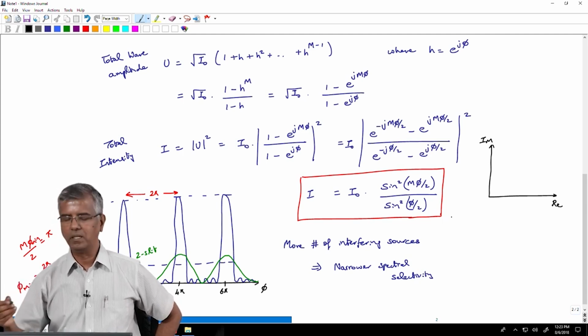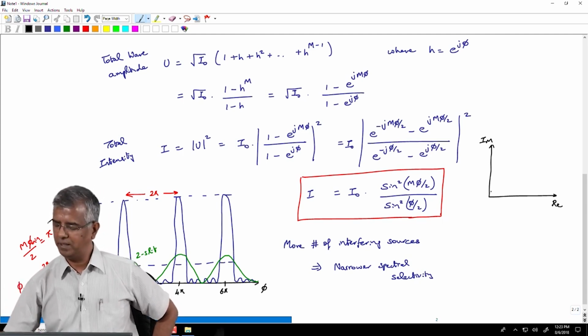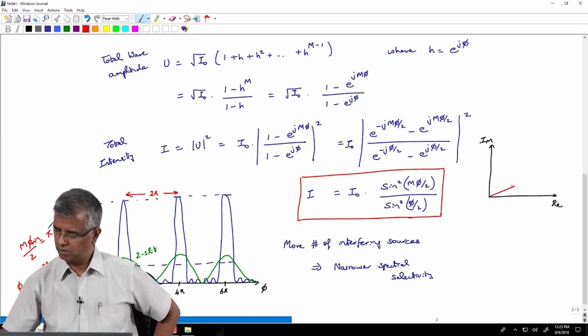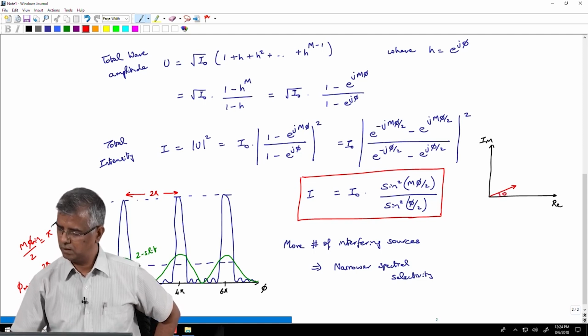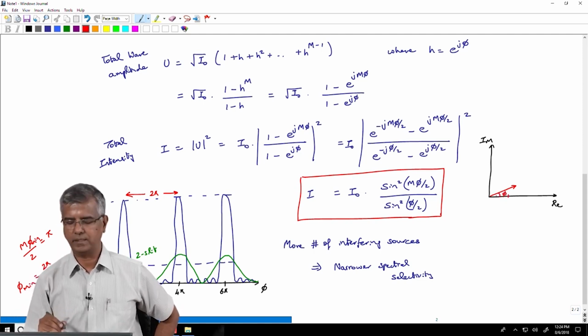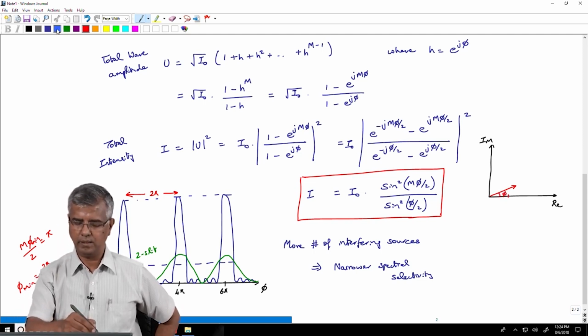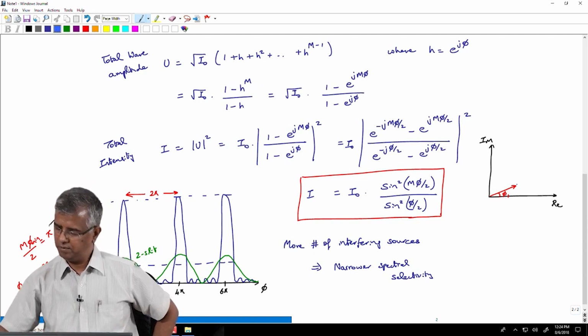When you are considering two waves that are interfering, there is one wave which has phi 1 as the phase, and then there is another wave which has phi 2 as its phase.